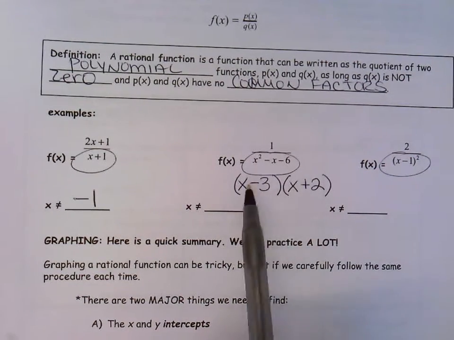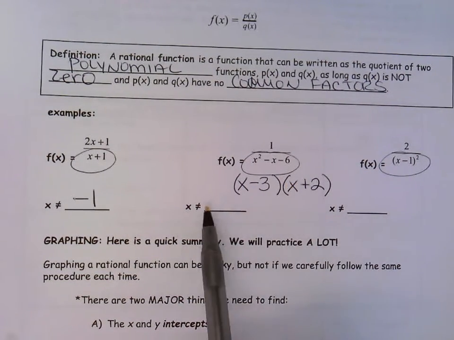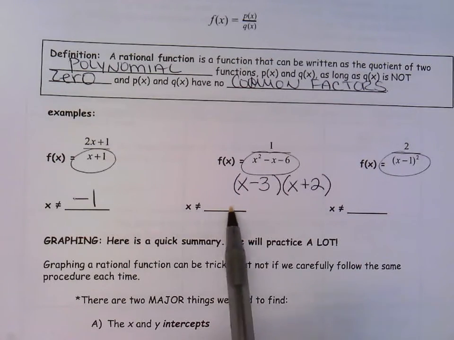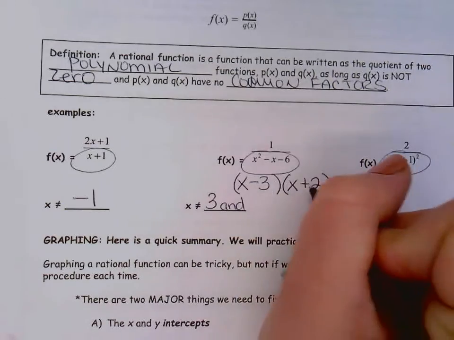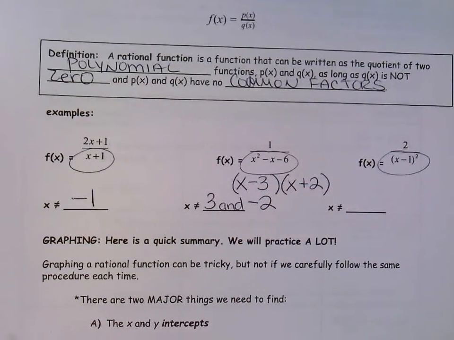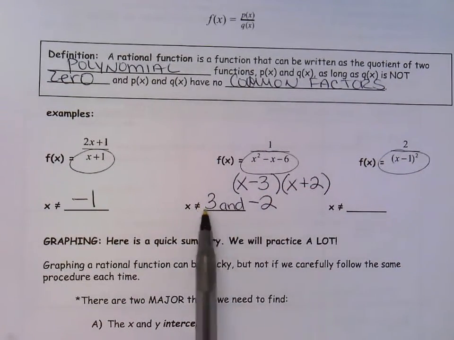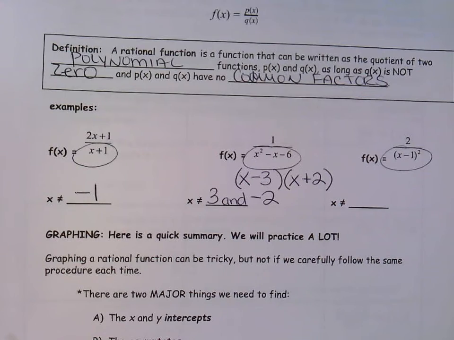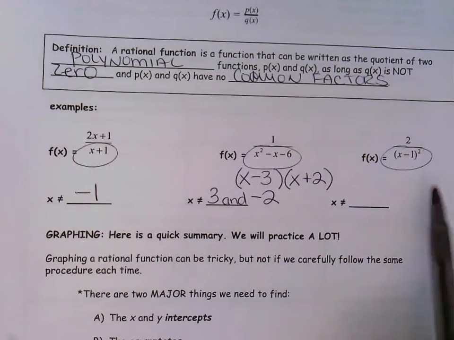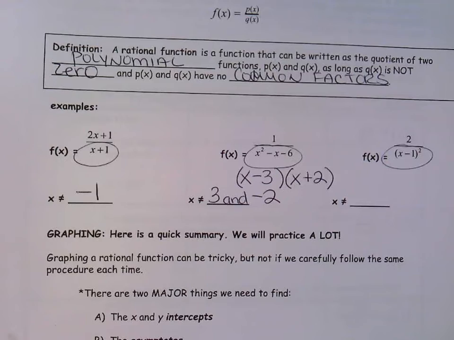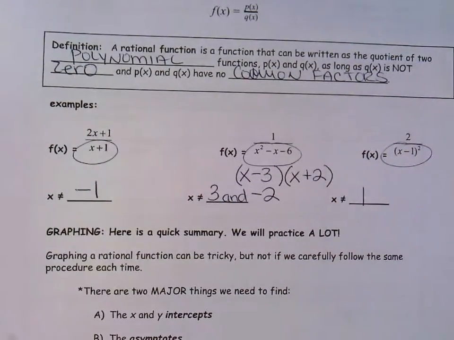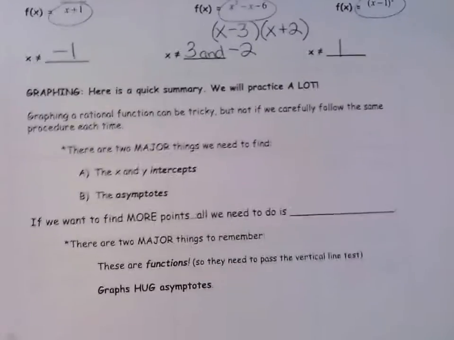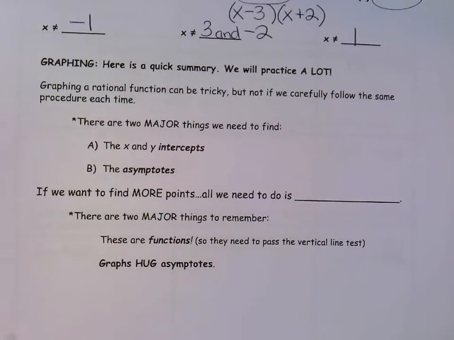I have to be able to factor in order to get the undefined values to show up. +3 will be undefined, and -2 would be undefined. So you have to factor correctly to get your undefined values. And on the last one, what could x not be? 1.